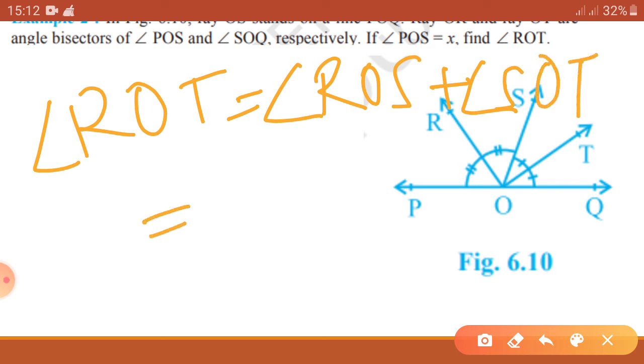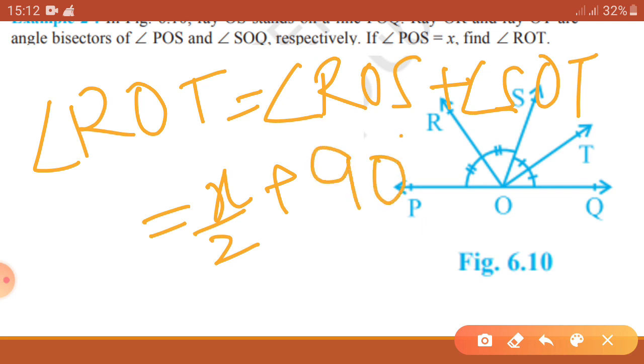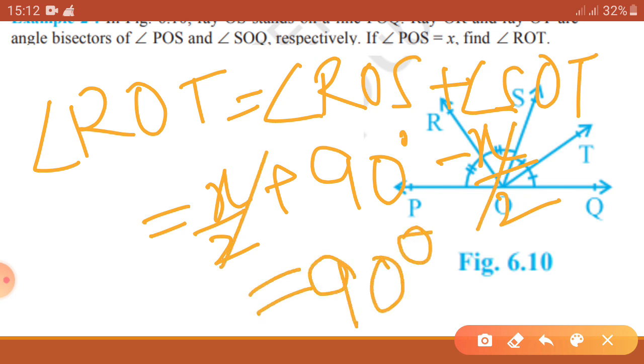Already we got the value of ROS is X by 2 and SOT is 90 degree minus X by 2. So if we add them, we get the value of ROT, that is 90 degree. Got it? I think it is clear to you. So the value of ROT is equal to 90 degree.